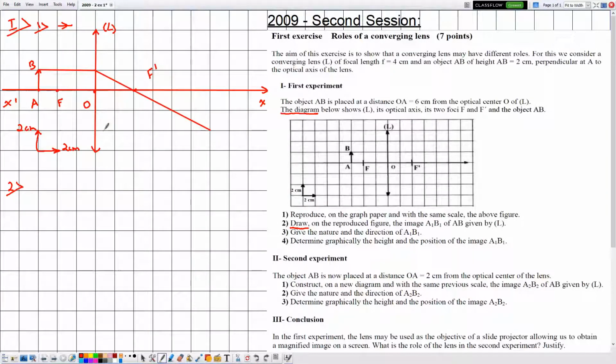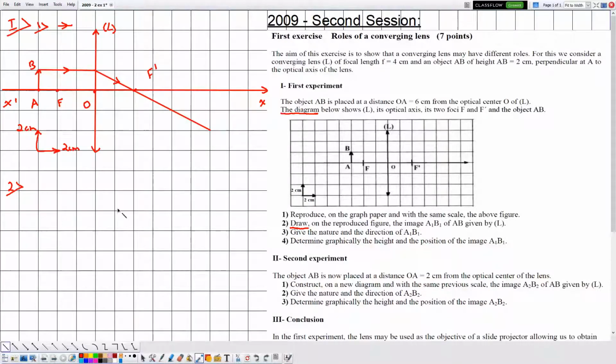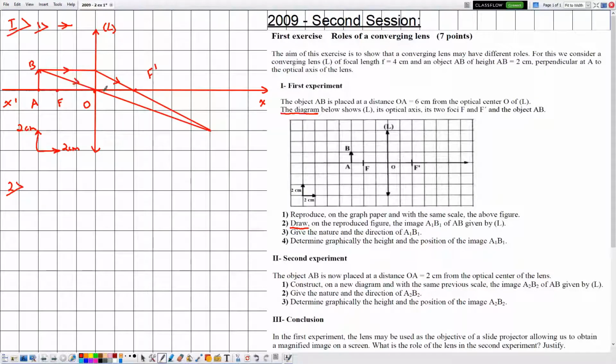And we don't forget arrows on light rays that indicate the direction of propagation of light, which is from left to right. The second ray that we'll consider issued from B is passing through the optical center. We know that it will complete its path without deviation. So I repeat here that no justification is required.